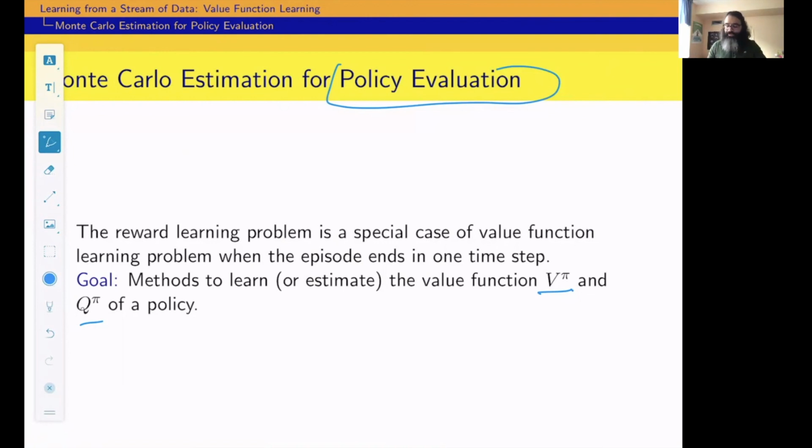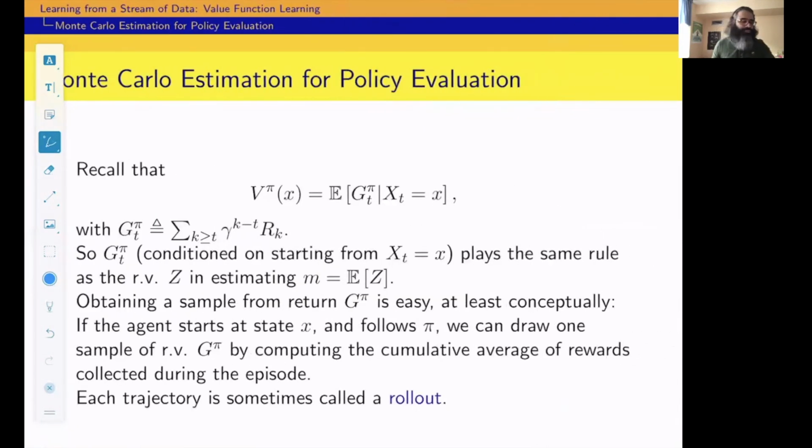So let's talk about policy evaluation, and then later I will get to the control problem, which is finding, say, Q star and pi star. Here we don't know the model, so what can we do? The idea is to do the same as what we did for estimating, say, the mean of a random variable or the reward, but with a different random variable that you will see is going to be the return.